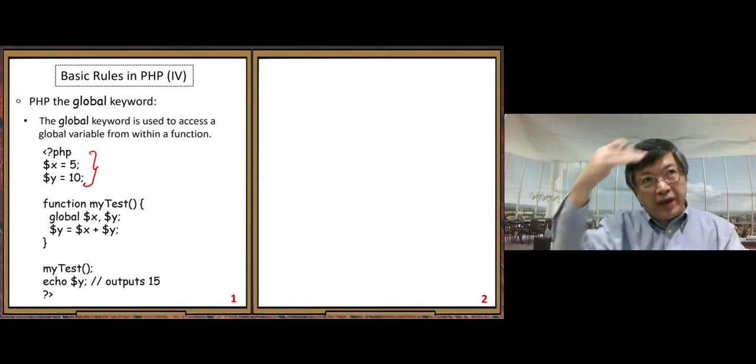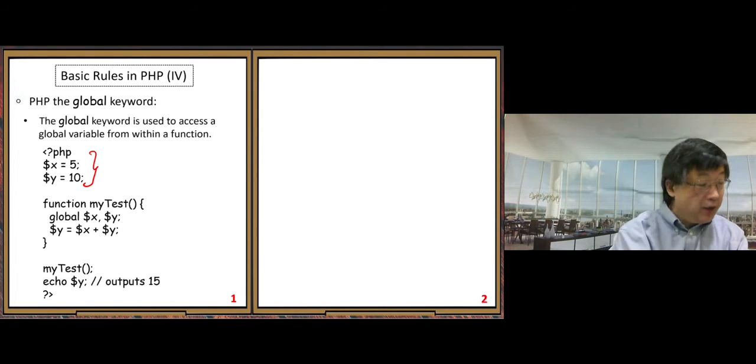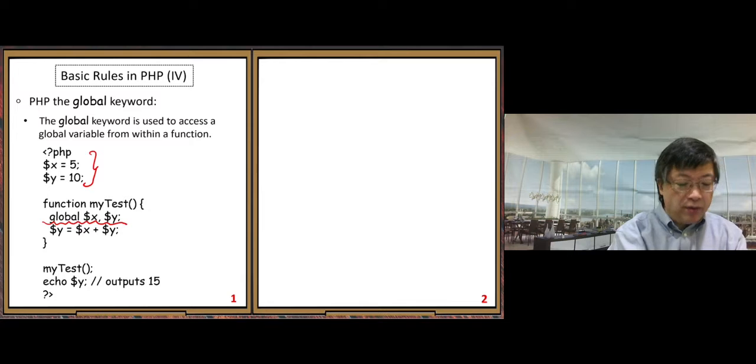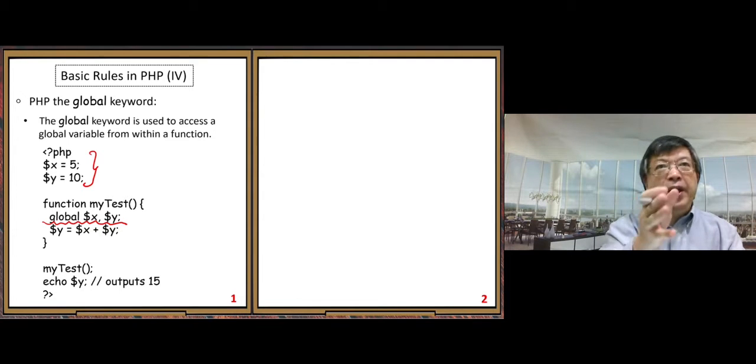But when we get into one of the PHP functions, in order to use those two global variables, you have to explicitly use the keyword global to declare them. In this way, we try to avoid bad, very hard to find runtime errors.